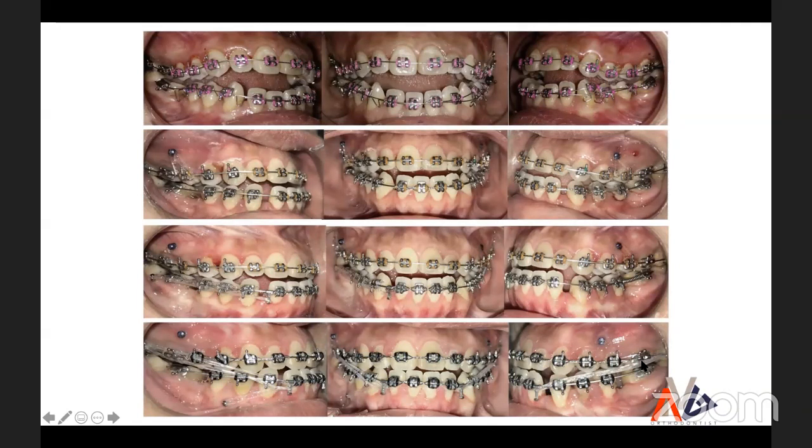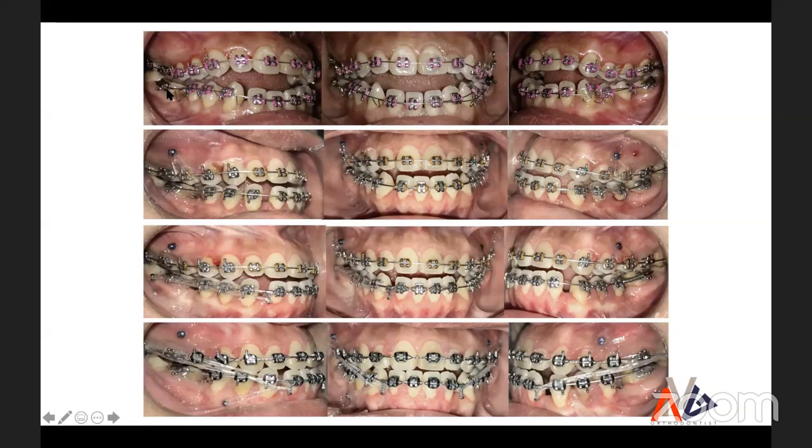Now, one thing which you would see is I have used 2 wires on the lowers for leveling and alignment. The rationale behind using it is again something to do with force. As I mentioned, there was mobility on almost all her teeth. I had to use very, very light forces. Now, one way of reducing the forces is to increase the interbracket distance.